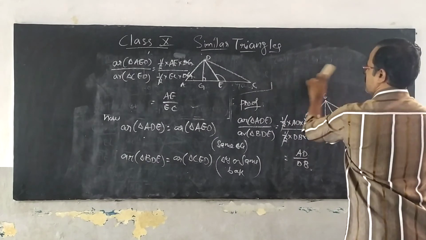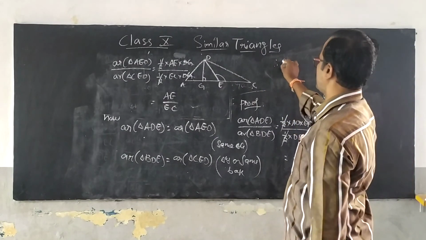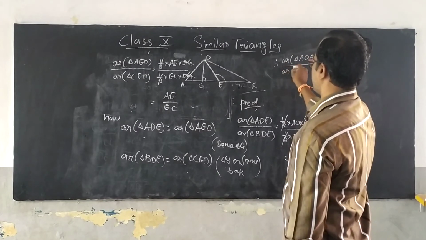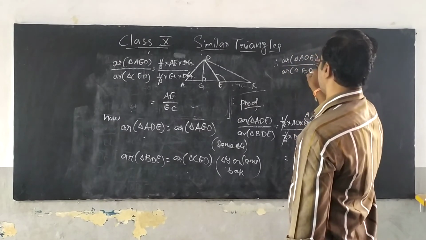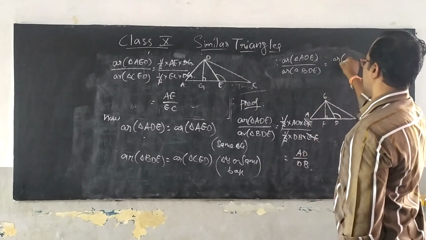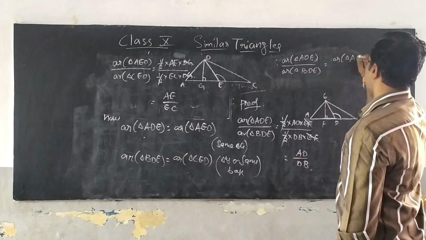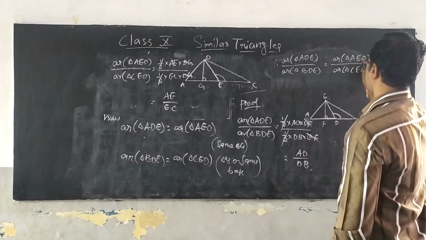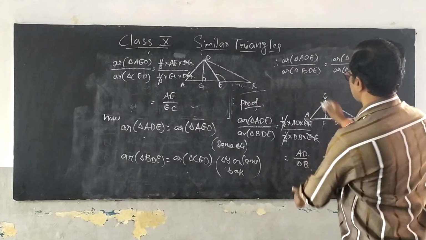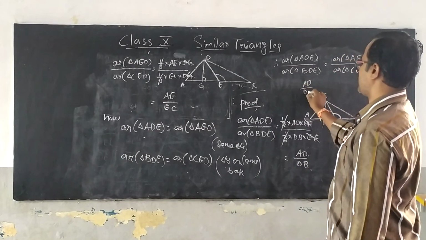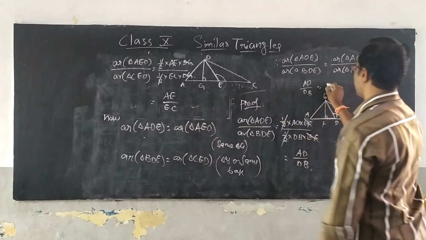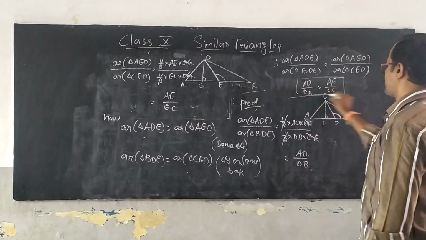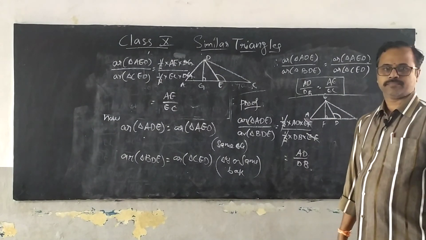So that is what we write here. Therefore, area of triangle ADE by area of triangle BDE is equal to area of triangle AED by area of triangle CED. And we know their ratios. One is AD by DB and another one is AE by EC. This is our proof. Okay guys.